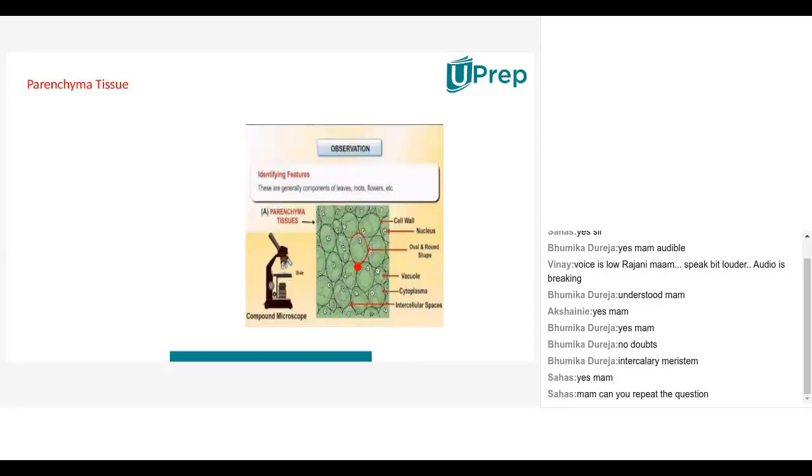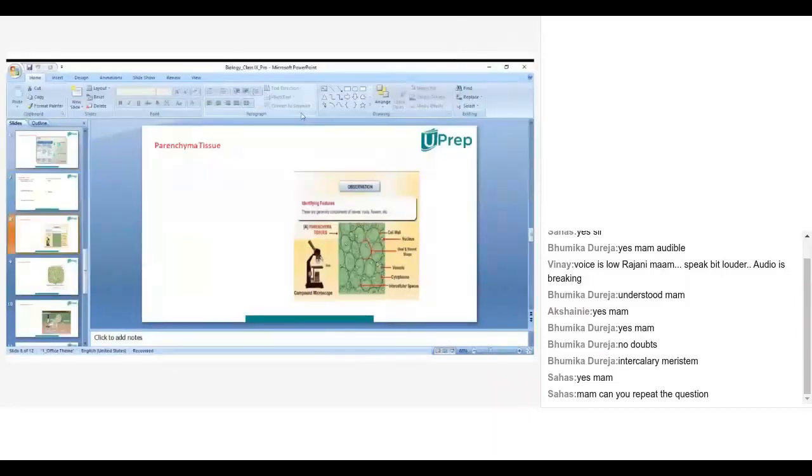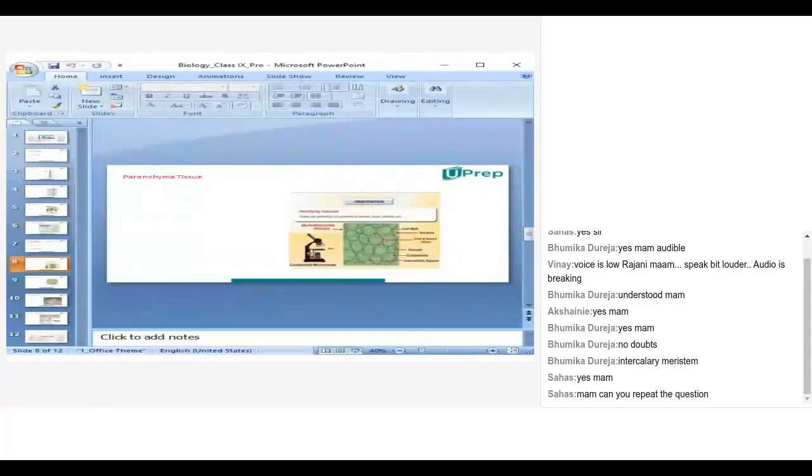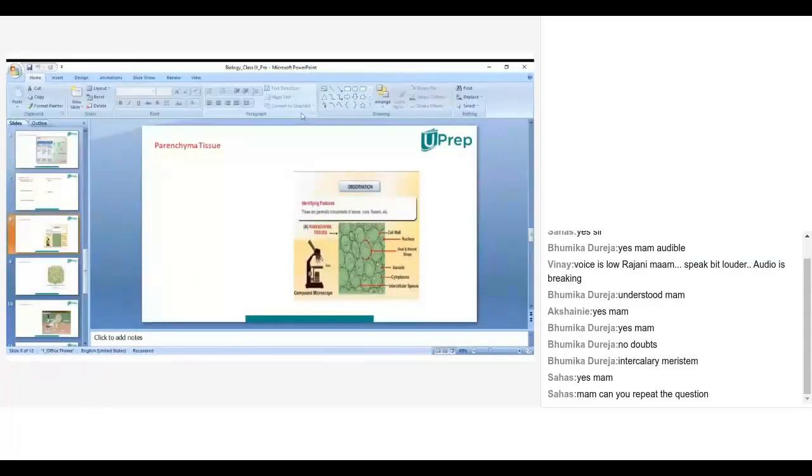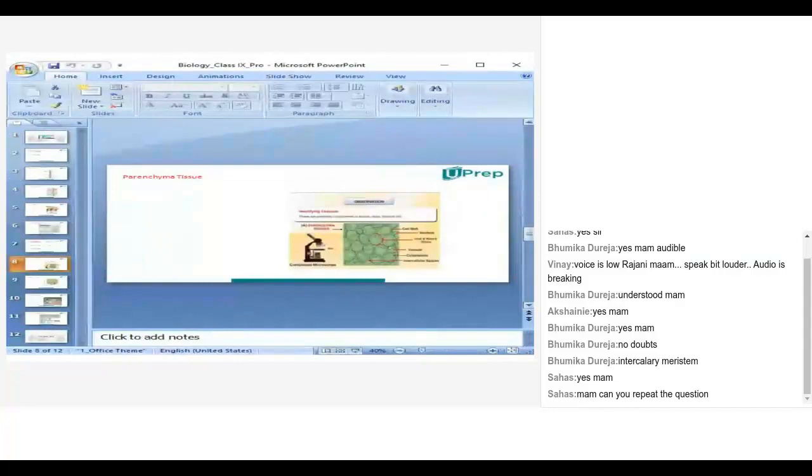Vacuoles are almost absent in meristematic tissue because the meristematic tissue is involved only in cell division, isn't it? These are the important features of the parenchyma tissue, and you find parenchyma tissue almost in every part of the plant.